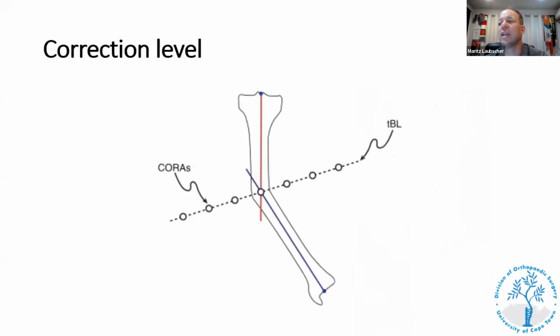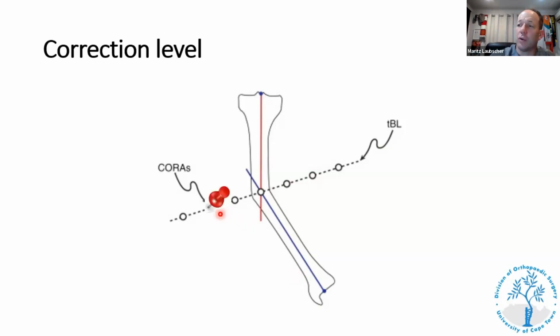And the correction level is basically a line that bisects the greater angle at the apex, and anywhere on this correction level where you place a pin that you will do your correction around, you will get a correction of your deformity.